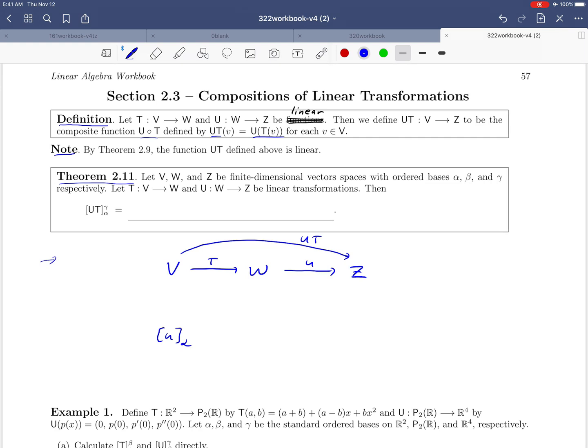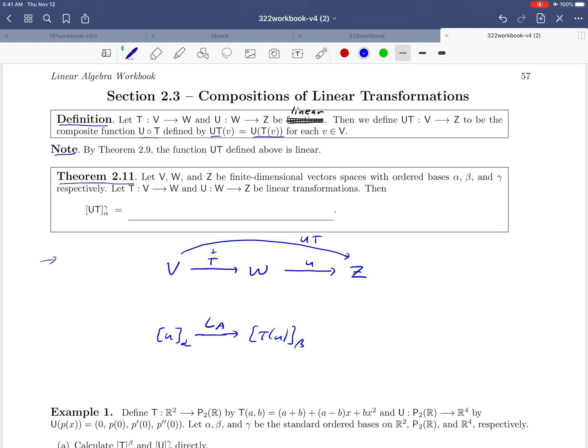Then if you were to substitute u into the transformation T, we get an output T of u and a corresponding coordinate vector, the coordinate vector of T of u relative to beta, the basis for W. I'm going to call that matrix A, so we can left multiply by that matrix A to take us from one coordinate vector to the other.